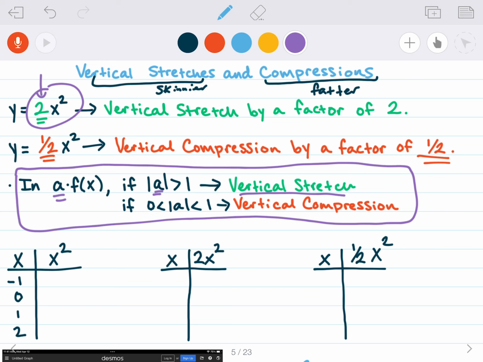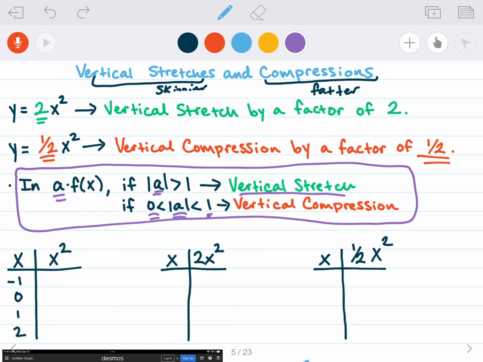The absolute value of 2 is bigger than 1, so that's a stretch. If the absolute value of that number is between 0 and 1, it's a compression. If it's negative, we don't care. We're just looking at the absolute value, okay? So in our example here, 1/2 is bigger than 0 but less than 1, so it's a compression.